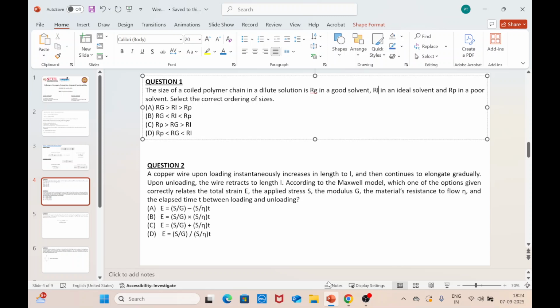And as I said, in case of ideal solvent, there is not going to be any kind of interactions between the polymer and the solvent. So the size is going to remain the same as before. So based on this, can we say that A is the right answer?